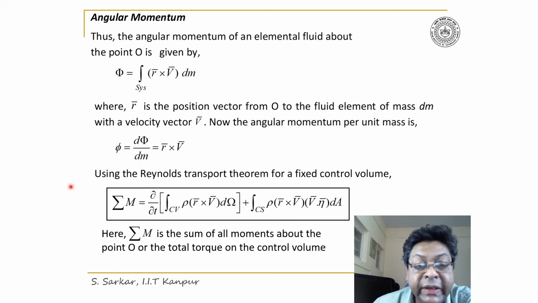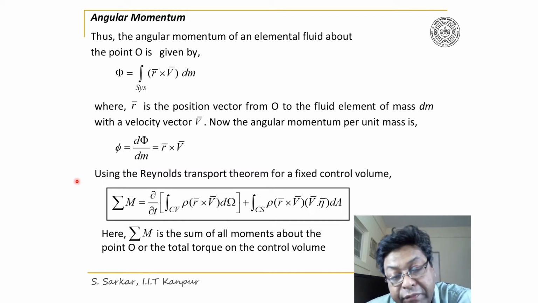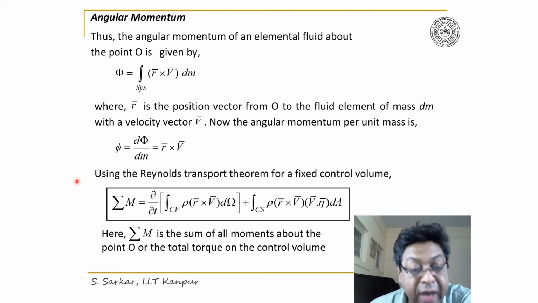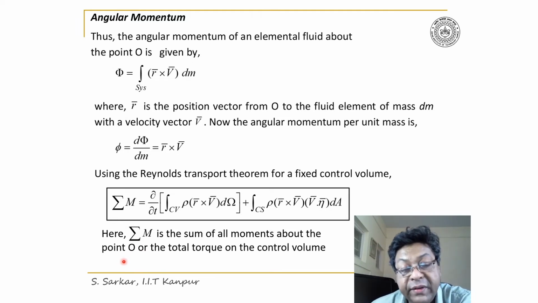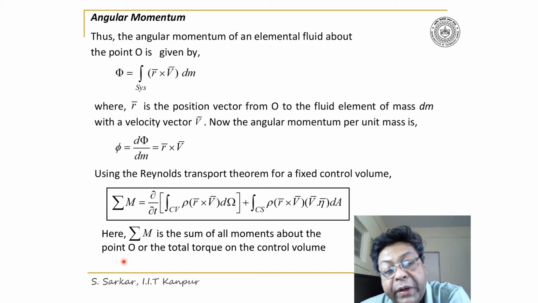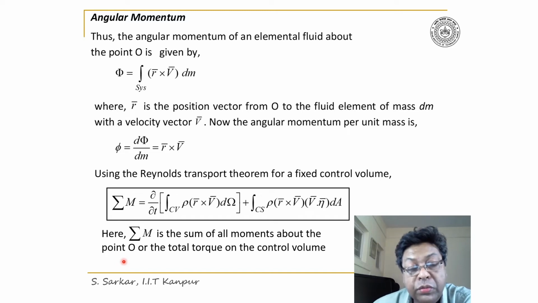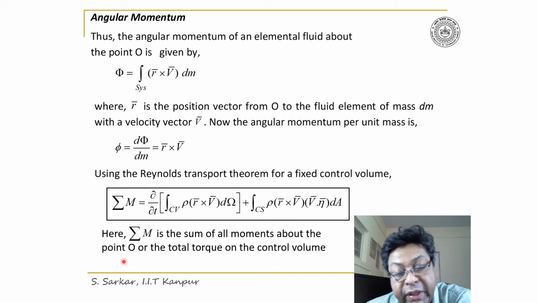So using transport theorem for a fixed control volume, I can write sigma M, where sigma M is the sum of all moments of discrete elements of mass with respect to O, that is the fixed point with respect to the origin of the coordinate system.